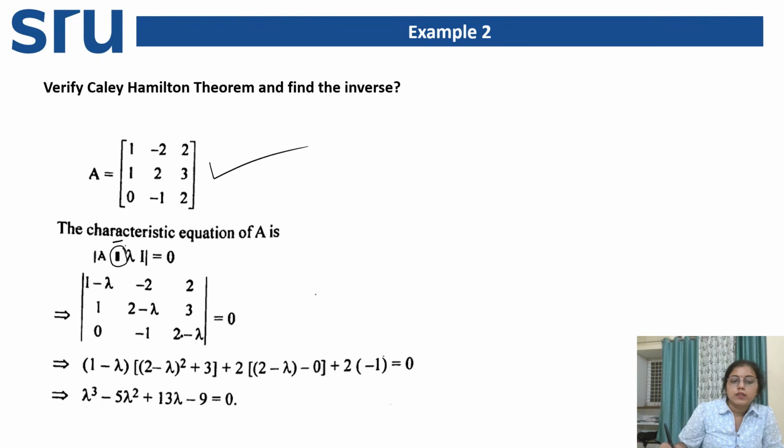There is one typing mistake here. This is determinant of A minus lambda I equal to 0. So this is your A, and here I is what? Unit matrix, 3 cross 3.